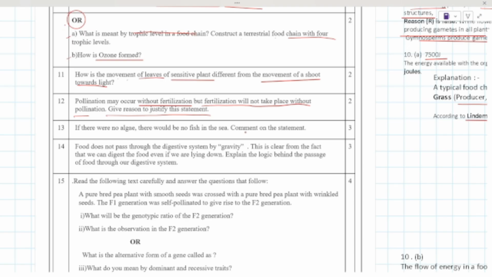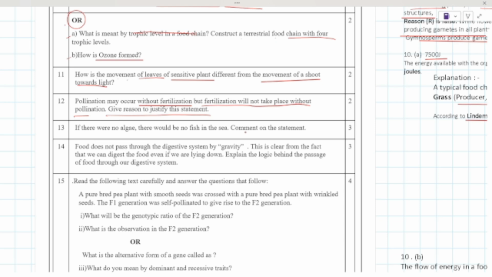Or in a simple sentence, we can say that pollination is the primary stage and fertilization is the secondary. There is no need of fertilization for pollination because pollination is the first stage.